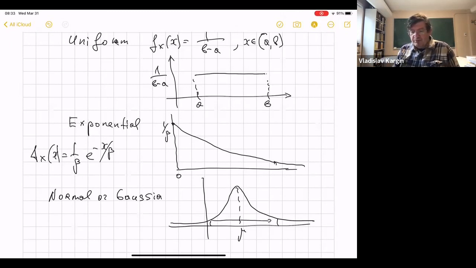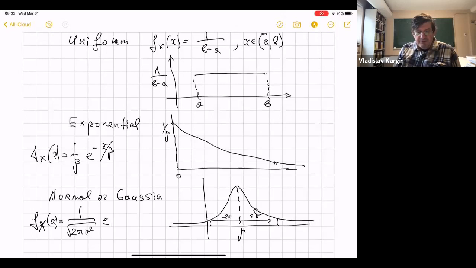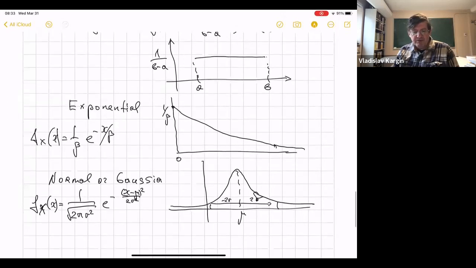Most of the mass is between mu minus 2 sigma and mu plus 2 sigma. The density looks very scary, but it's 1 divided by the square root of 2 pi sigma squared, times e to the minus, what was it, x minus mu squared divided by 2 sigma squared. So this was the density in this case.